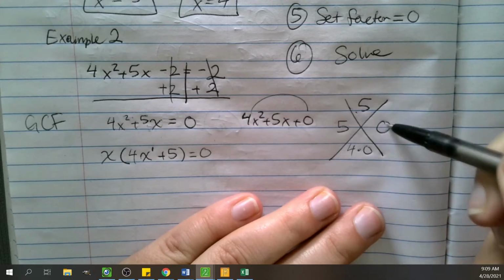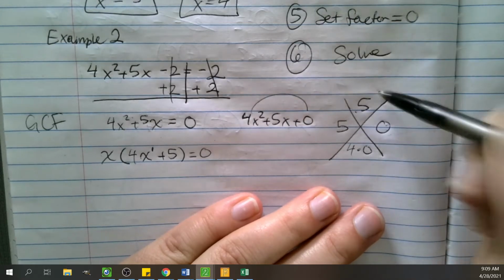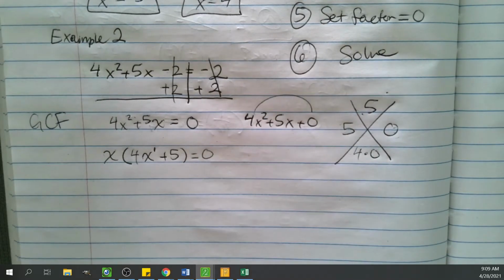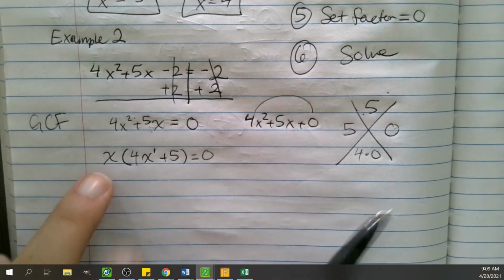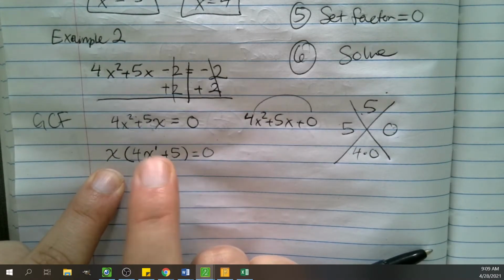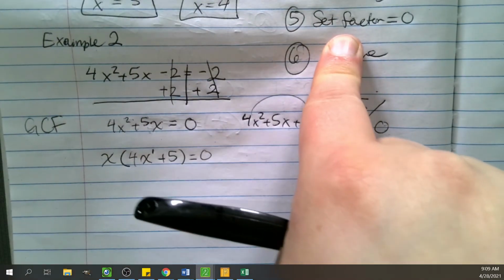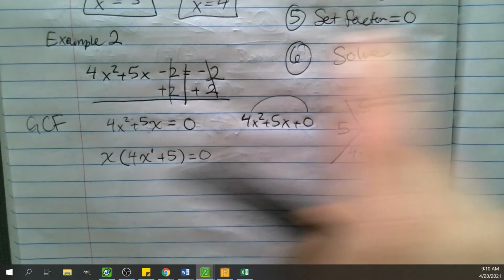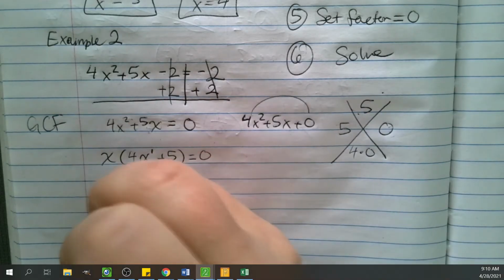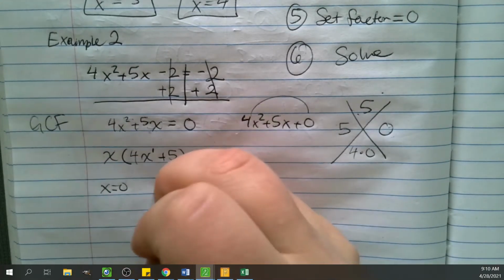Because those have to multiply to 0, add to 5. It's just a pain in the butt. You can, if you want. Totally fine. Now that I have my factors, what do? Every single time. As soon as you get your factors, set it equal to 0. X equals 0.